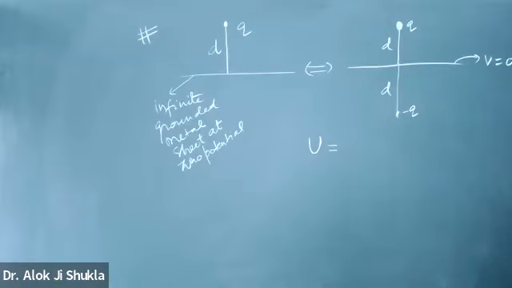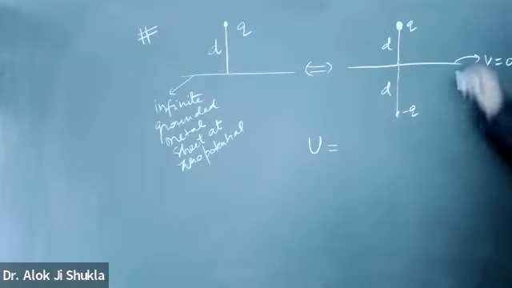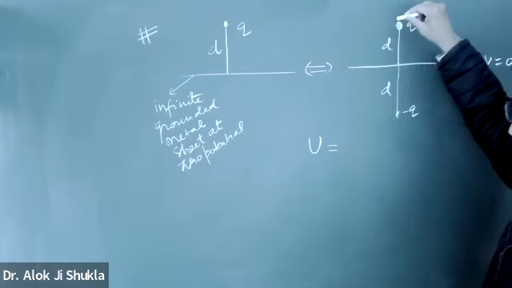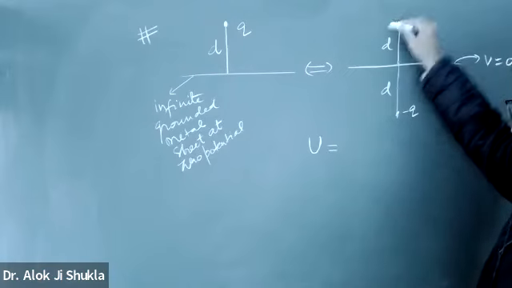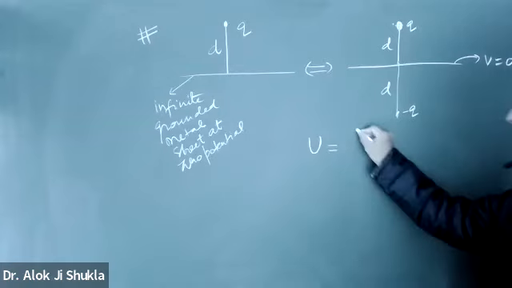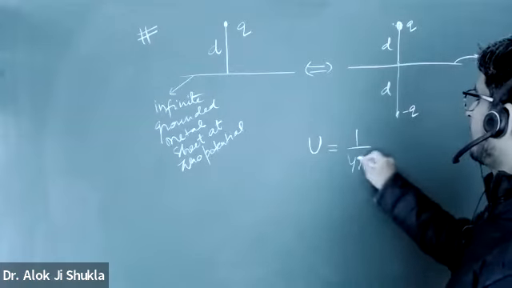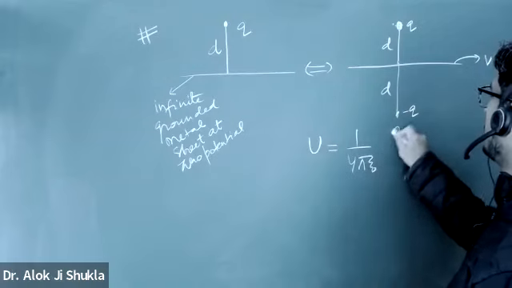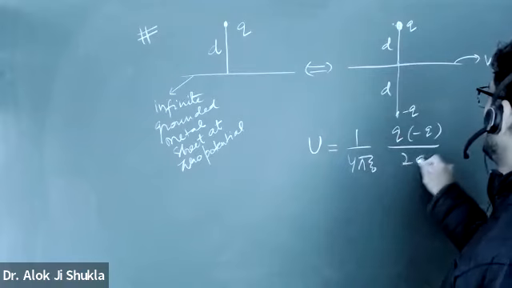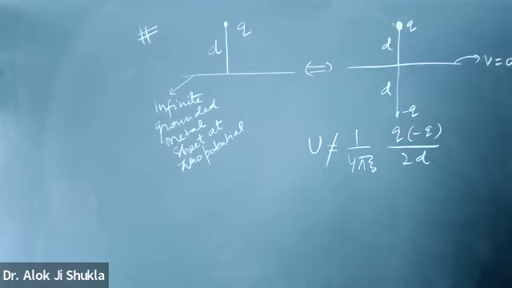So you know the force, so you can calculate the amount of energy needed to bring this charge from infinity to this point. That will be this interaction energy, right? यही तो होती है definition ना interaction energy की. So that should come out to be 1 upon 4 pi epsilon naught q1 q2 by r, that means q minus q by r, this distance 2d, but that is not correct.